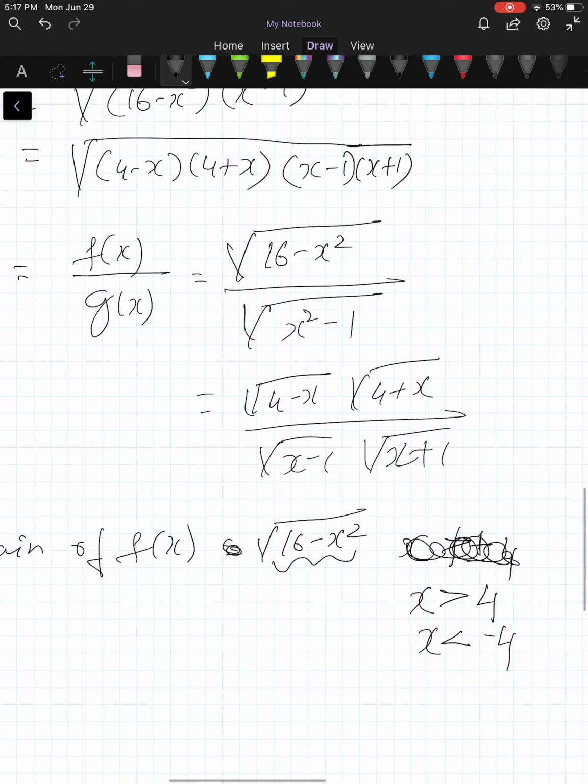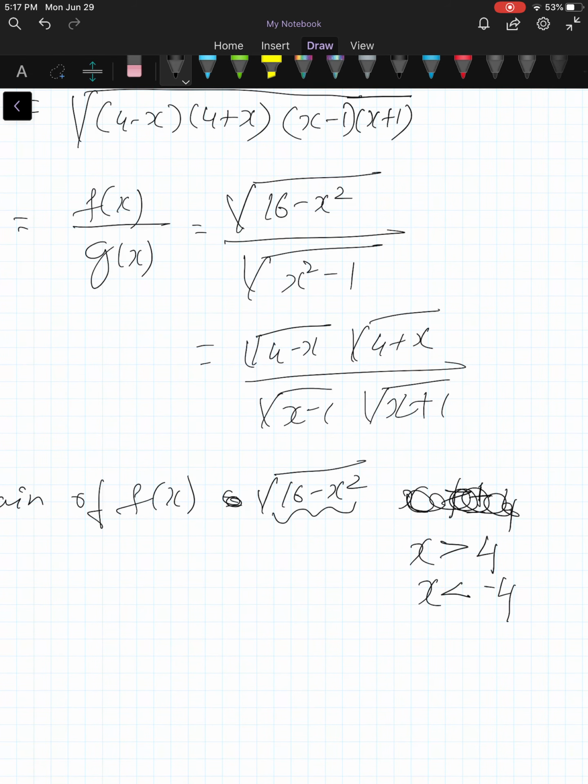Correct? In those two cases we get a negative value inside the square root. So we have to avoid this. This is not possible. Therefore we consider all the values in between, the closed interval -4 to +4.